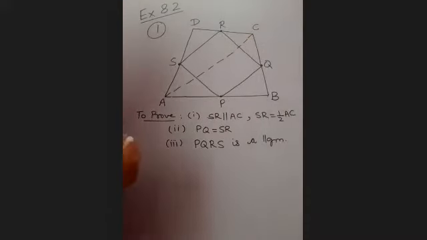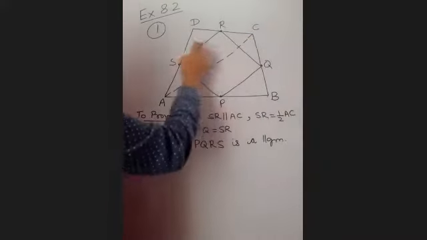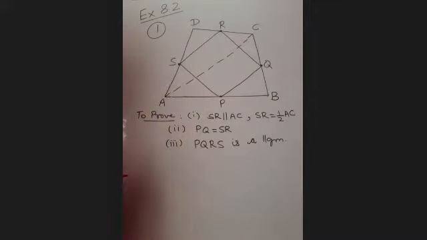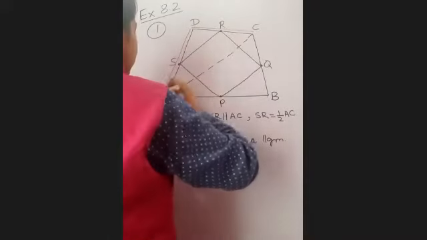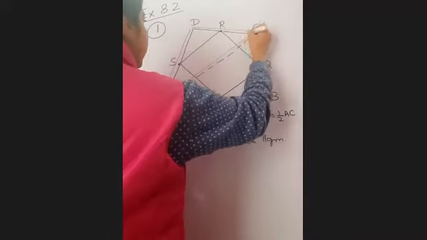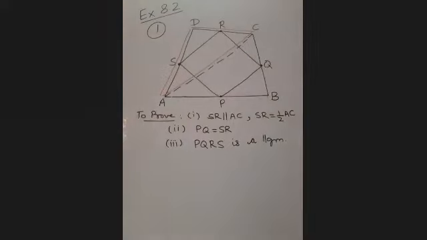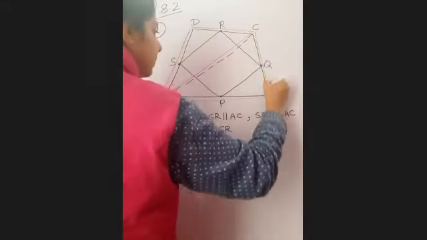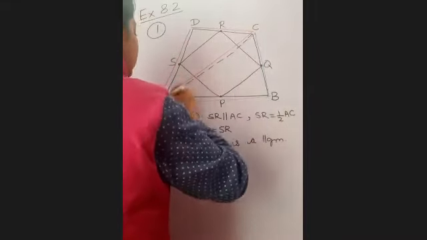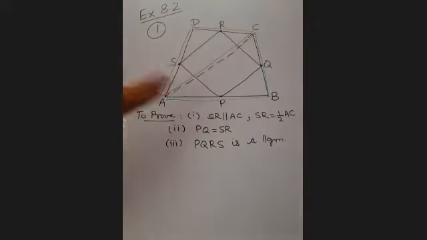Does AC divide the quadrilateral into two parts? Yes. So one triangle, which triangle, beta? ADC. And the other one is triangle ABC. You can also use different colors to demarcate.